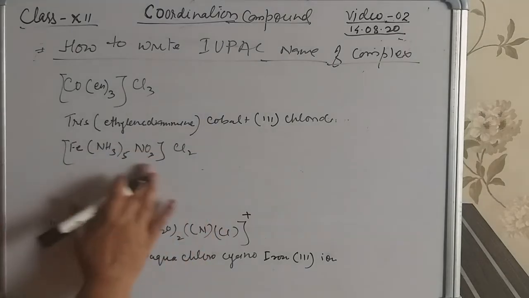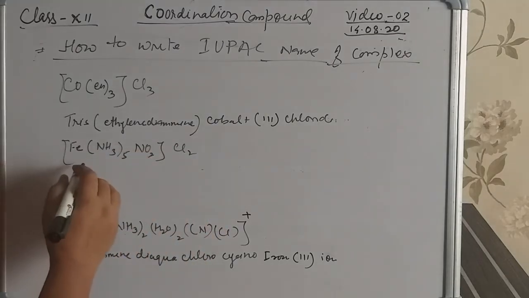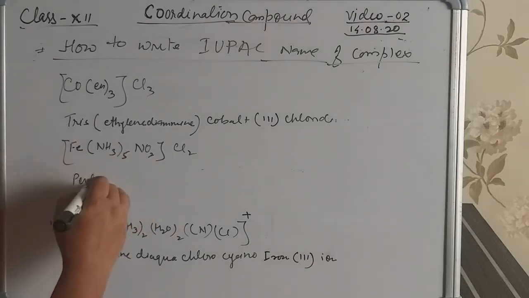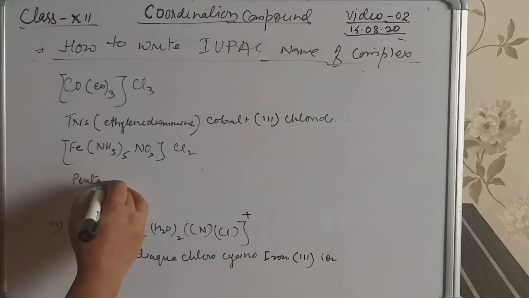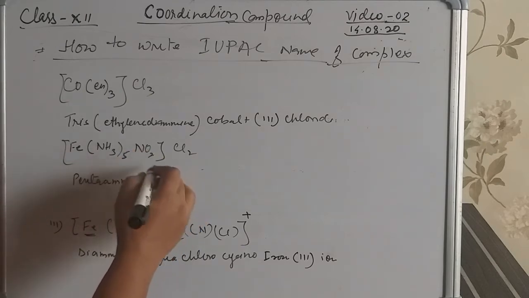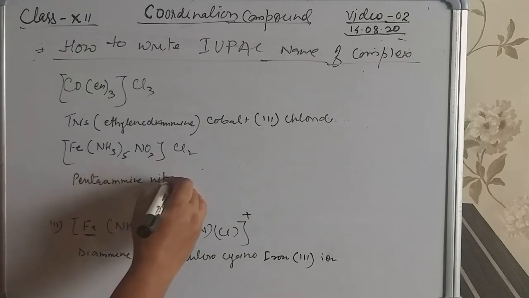Another example is [Fe(NH3)5NO2]Cl2. So what will be the name of this compound? See here, at first we use penta, ammine, double m for ammine. Nitro, if NO2 is present, nitro.